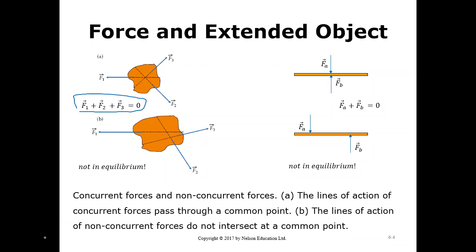If you remember what we learned before, if the net force is zero, there will be no acceleration, so it is in equilibrium. If it has zero velocity, it will continue to have zero velocity. That's the case in the top figure A. These forces are balanced because they add up to zero, so it is not going to move.